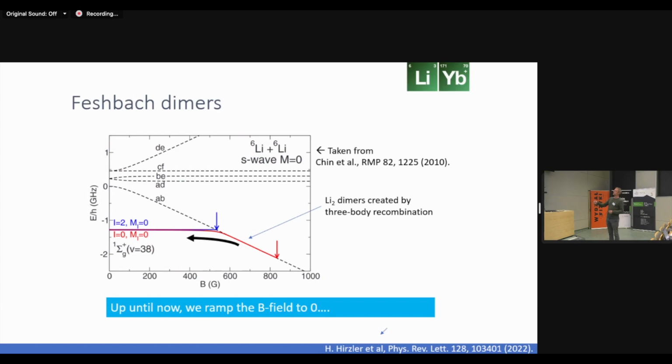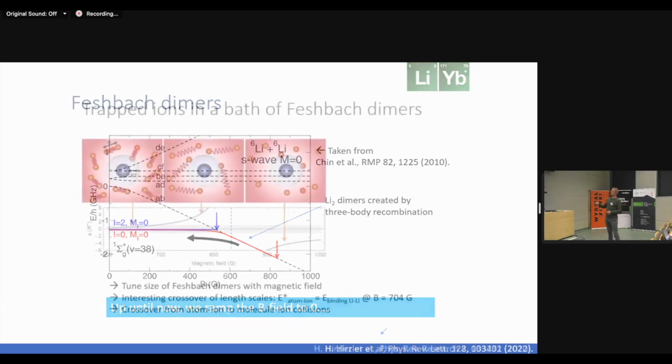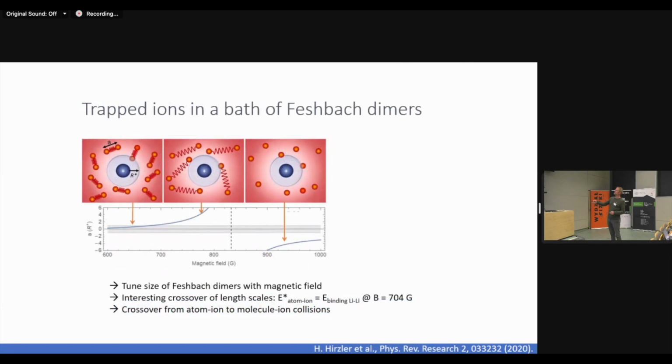But we were always wondering what would happen if we would stay in this regime. Then you could get Feshbach dimers that would be like 100 nanometers large. And this would be cool, because if you look at the atomic Feshbach resonance, you get this situation: you have the ion pretty much in the S-wave regime for the atom-ion interactions.